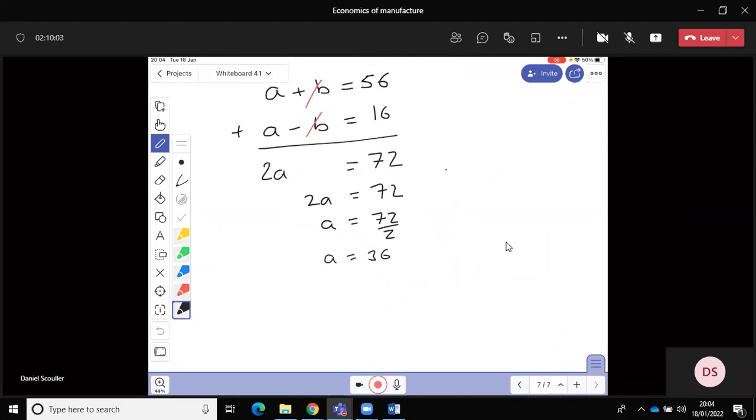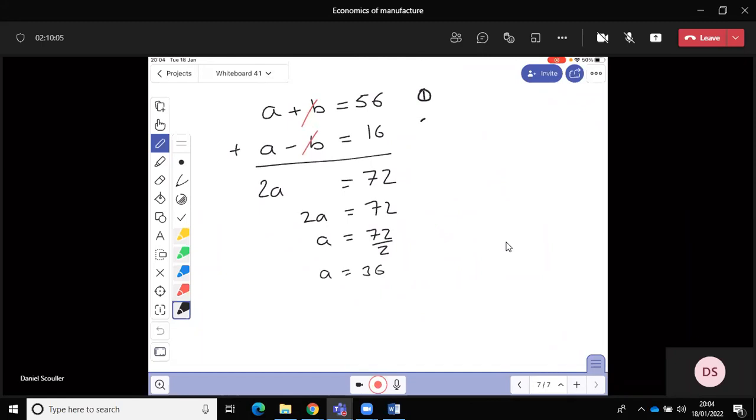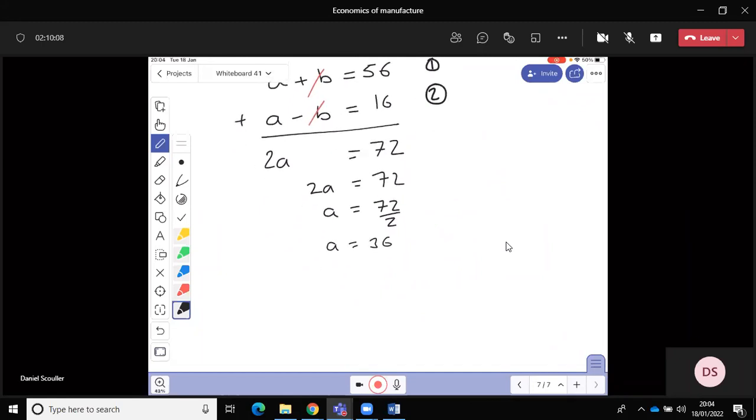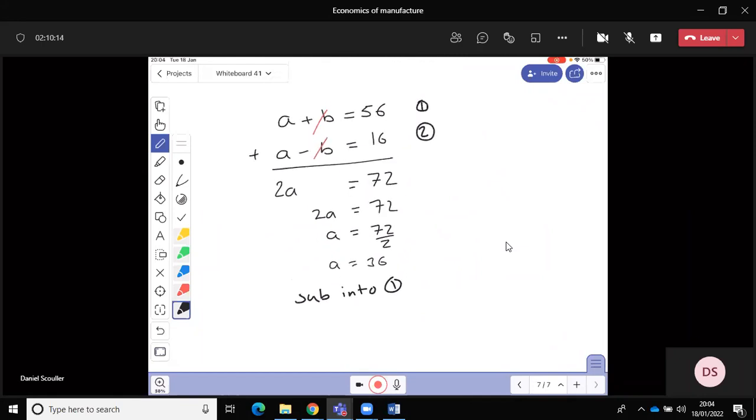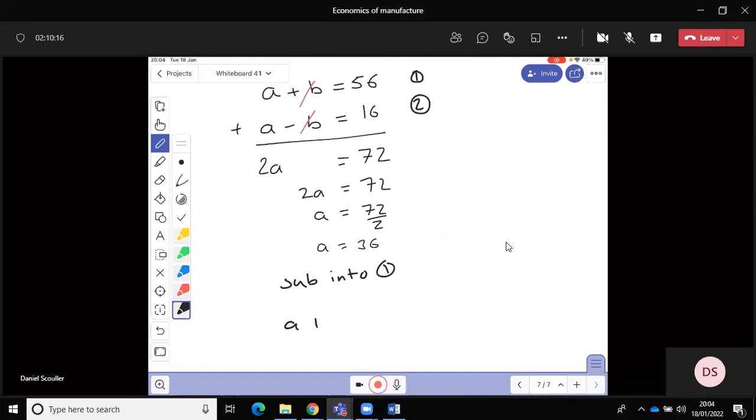We can substitute that into, let's call that equation 1, equation 2. Let's substitute that into equation 1: A plus B, so 36 plus B equals 56.